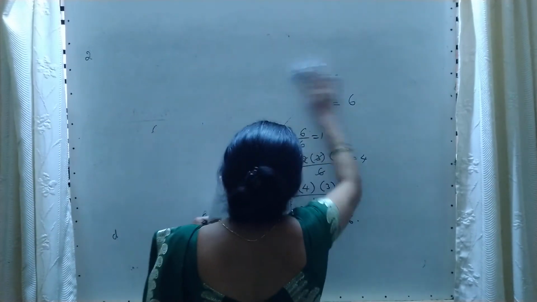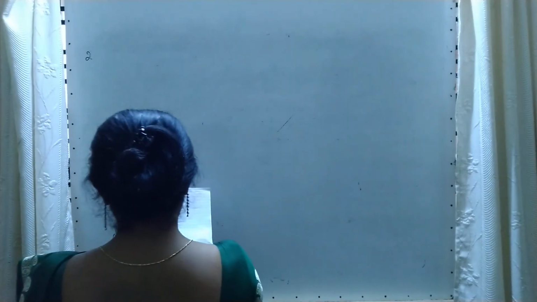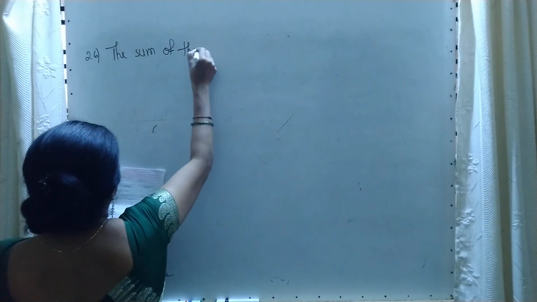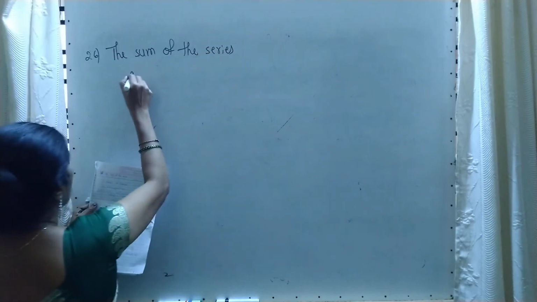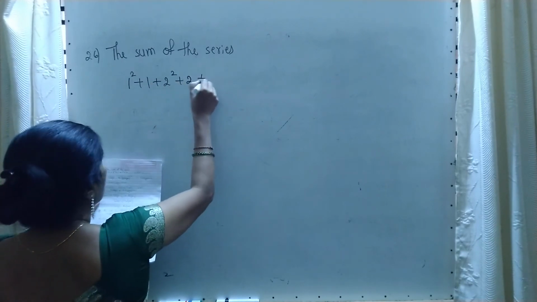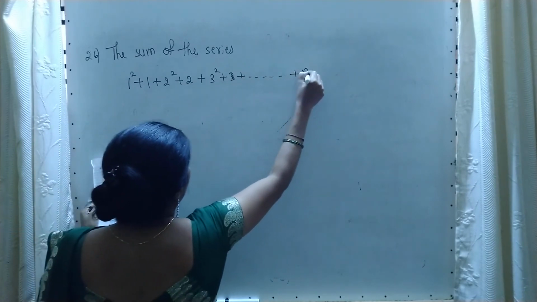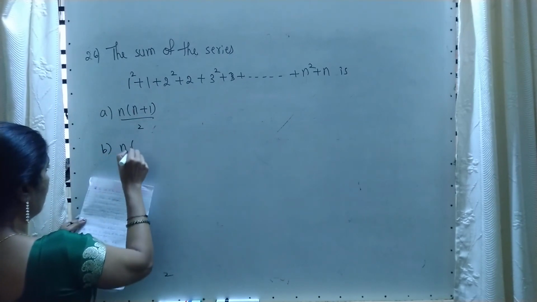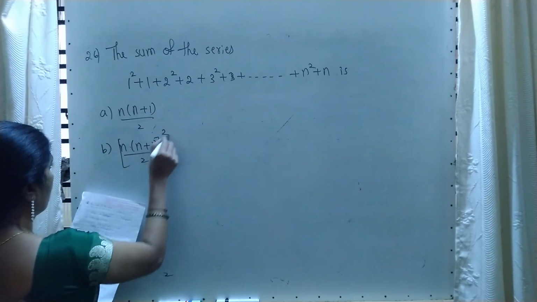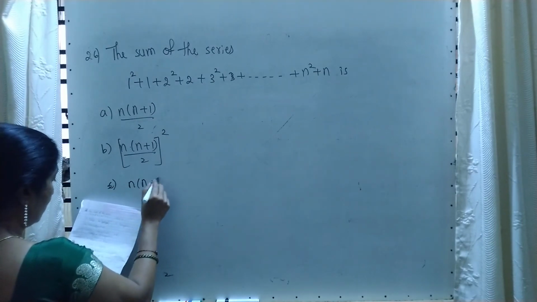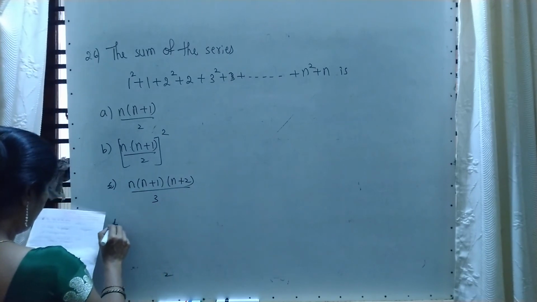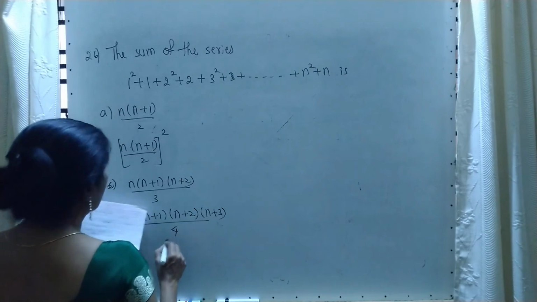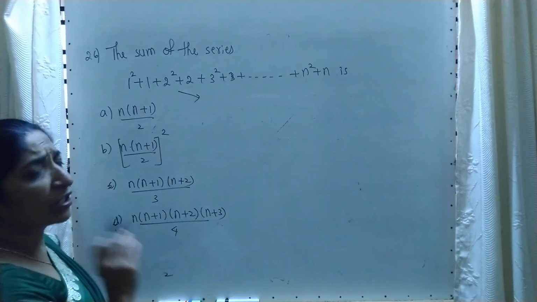Moving to the next question, question number 26. The sum of the series 1 square plus 1 plus 2 square... So here, by observing only we will get some idea in your mind.